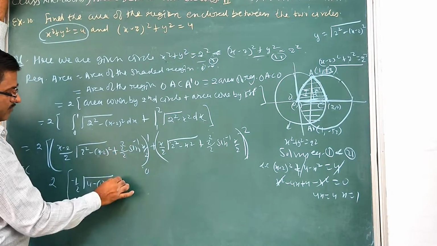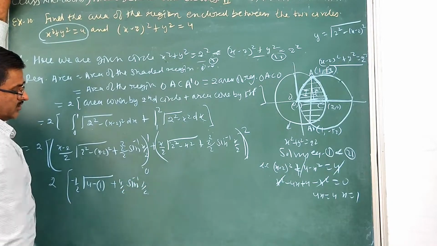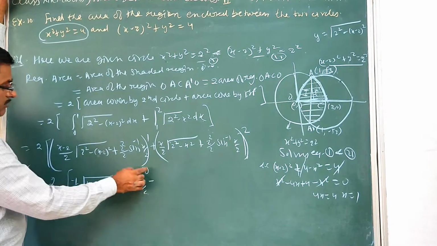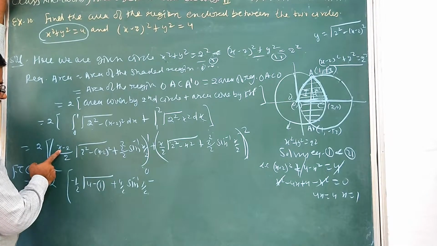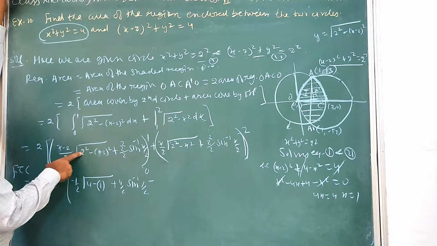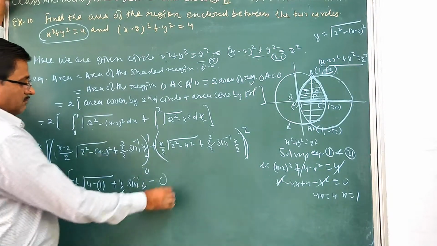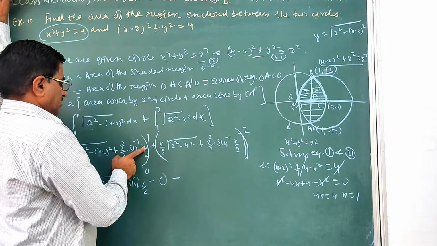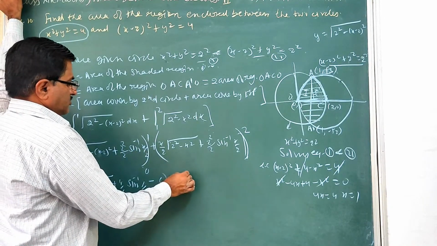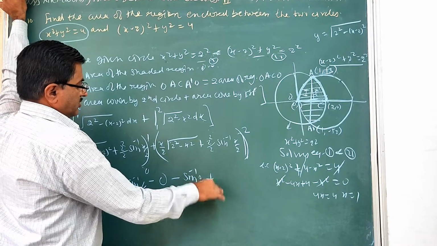Then 2 square, 4 by 2 sin inverse 1 by 2. This is the upper limit, minus the lower limit 0. If you put 0 here, this whole term will be 0. Minus, here put 0, so sin inverse 0 is also 0. The value of sin inverse 0 is 0, so no need to write.